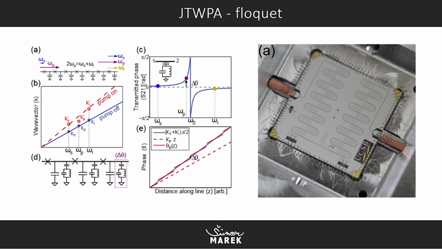So here is a kind of circuit for a different type of amplifier and the dependence on turning on and turning off pumping signals. You can see it's frequency dependent.